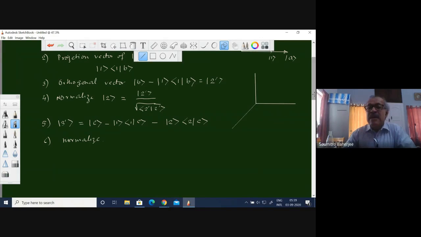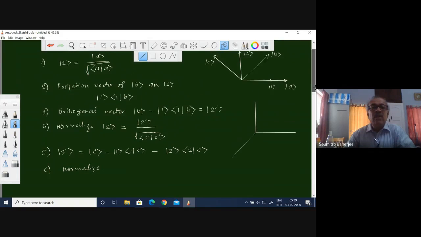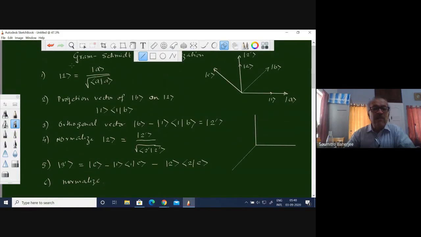That way we get a set of orthonormal vectors like this. And then any vector can be expressed in terms of that. And notice in the whole process, whatever we have done, all of them can be done to functions. So it is in no way specific to the kind of vectors that you have come across.